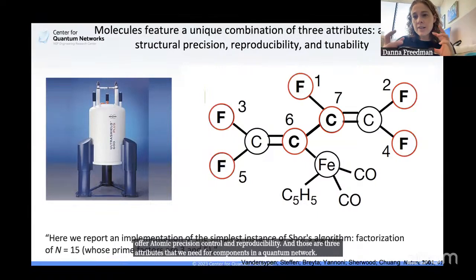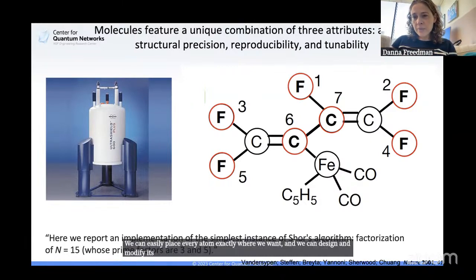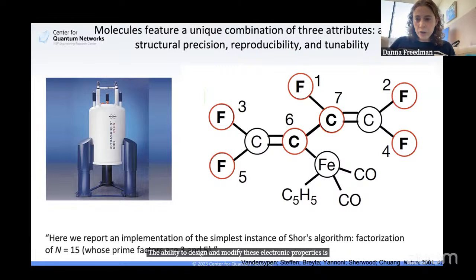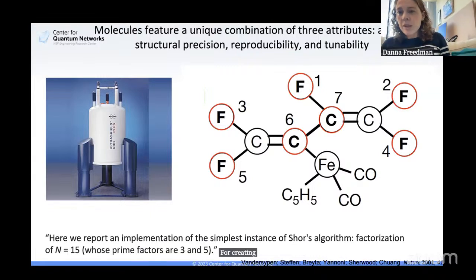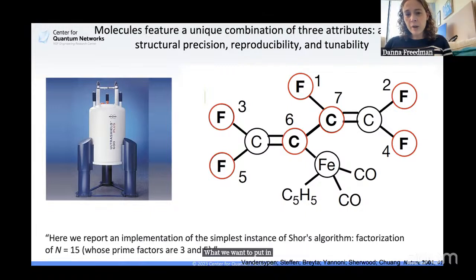We can easily place every atom exactly where we want, and we can design and modify its electronic properties. The ability to design and modify these electronic properties is incredibly powerful for creating new systems. But to do that, we have to think about our design properties, what we want to put in a particular place, and how we want to modify it.